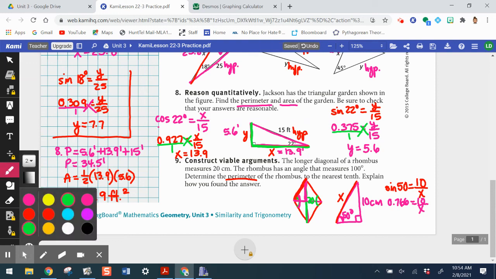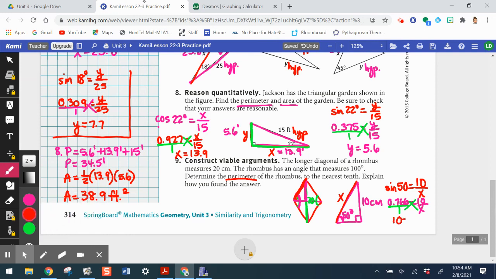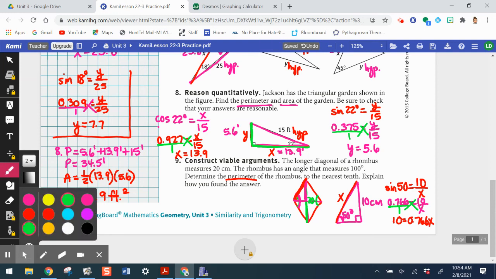I'm going to rewrite this left side as a ratio by putting it over 1 so that I can cross multiply. We'll even have to do a little division here, and I'm really running out of room. So I get 10 equals 0.766x. So again, to solve for x here, if this is 0.766 times x, we're going to divide both sides by 0.766.